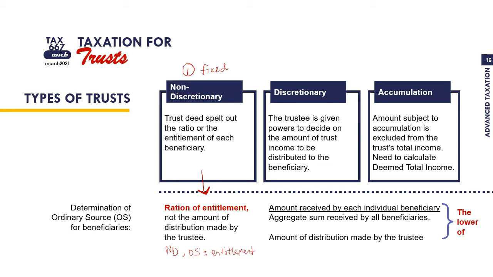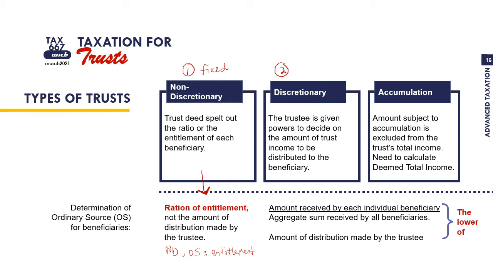Next, for discretionary trust. Second type of trust here, we have discretionary trust. Trust yang berbudi bicara. For this type of trust, trustee is given power to decide on the amount of trust income to be distributed to the beneficiary.